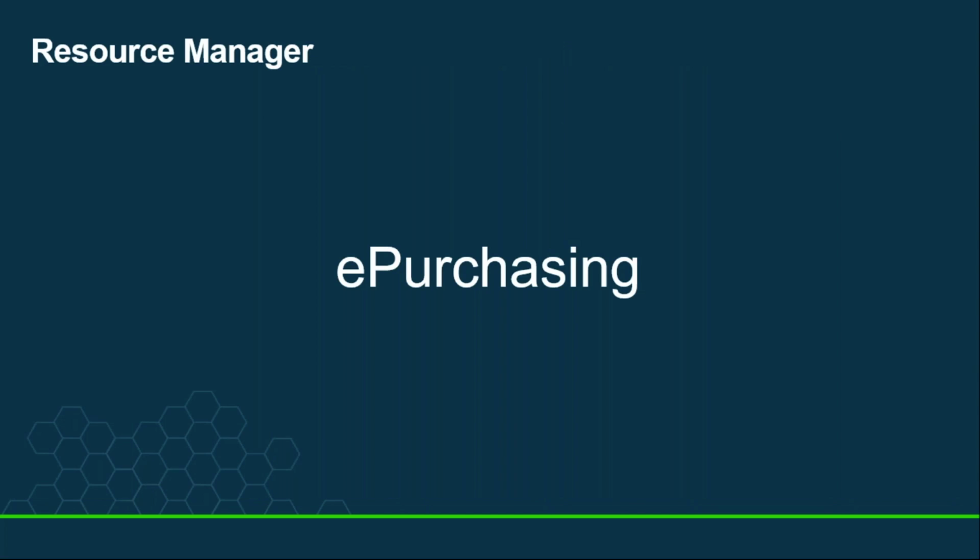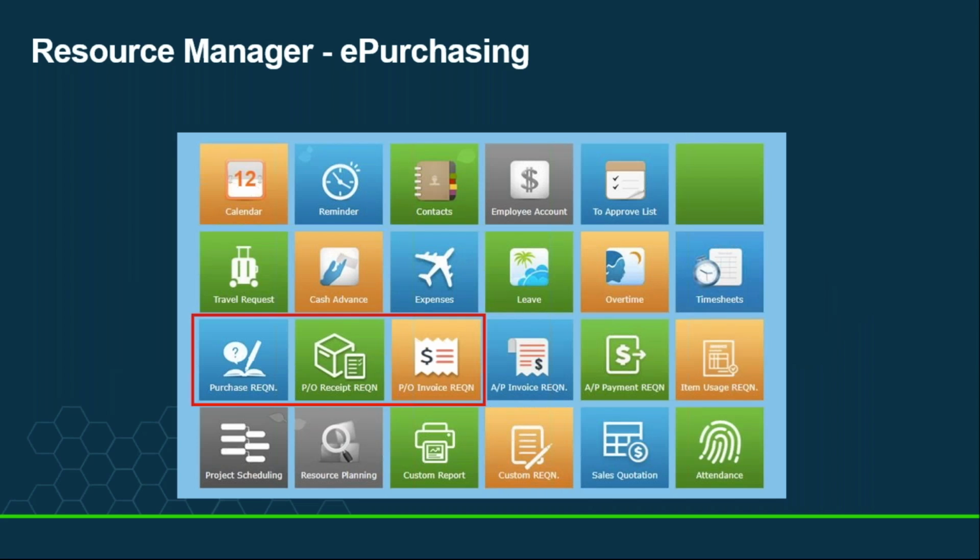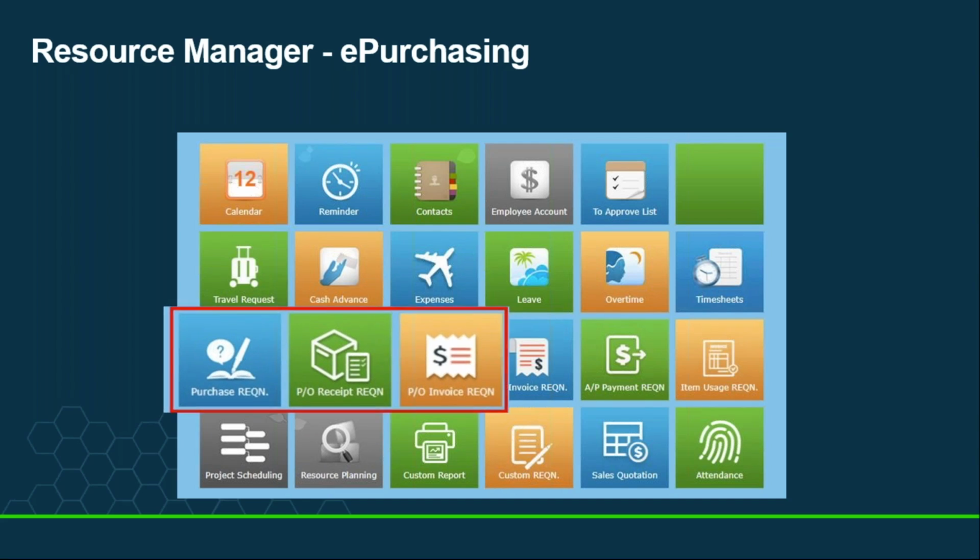So our focus here is e-purchasing, where we can raise requisitions around purchases, so POs and PO requisition entry. Also, we can manage PO receipts and do approvals around PO receipts as well as PO invoices. And again, the ESS portal will show you those icons on the screen if you've licensed those applications within Sage 300 and Resource Manager.